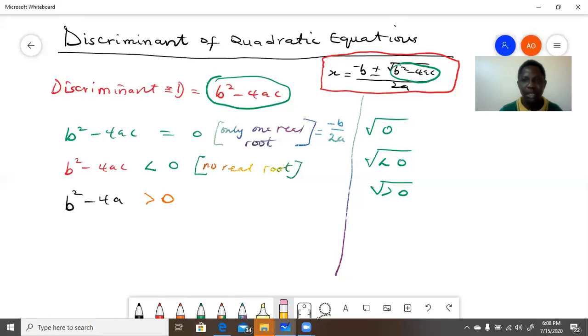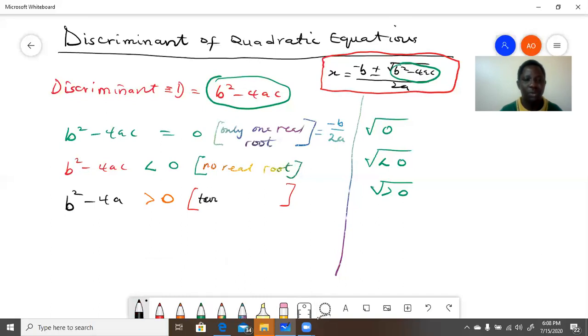The square root of 1, as you know, is 1. So you can have plus or minus 1. So you are going to have two real roots.